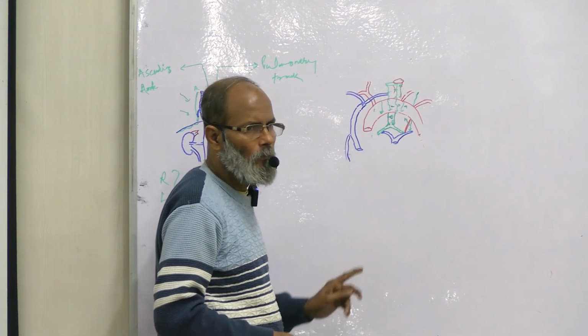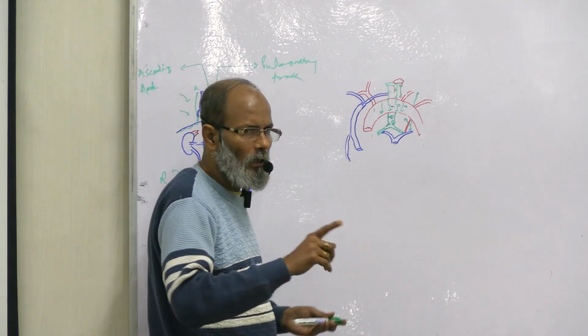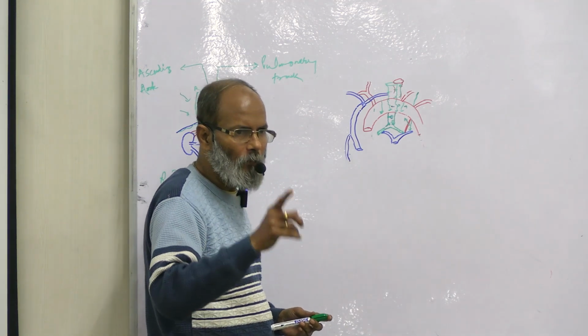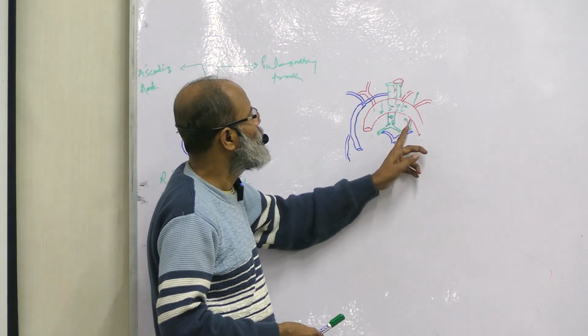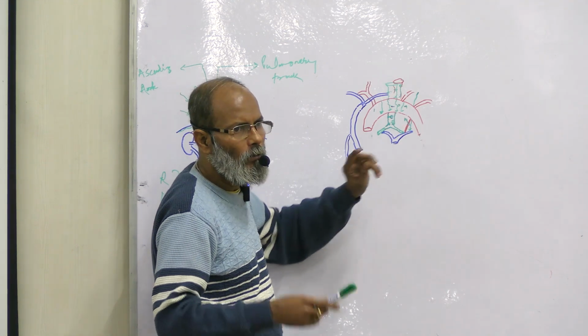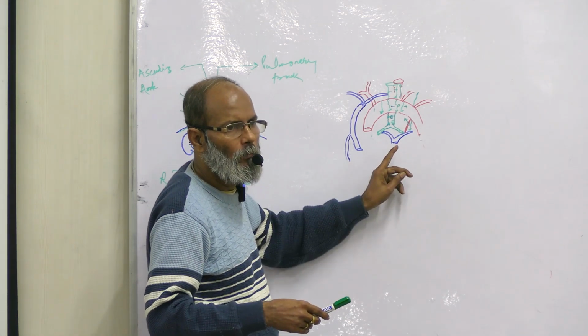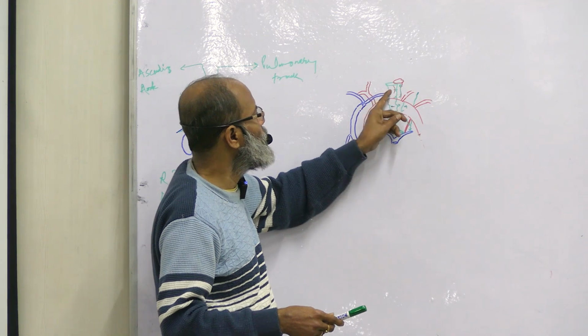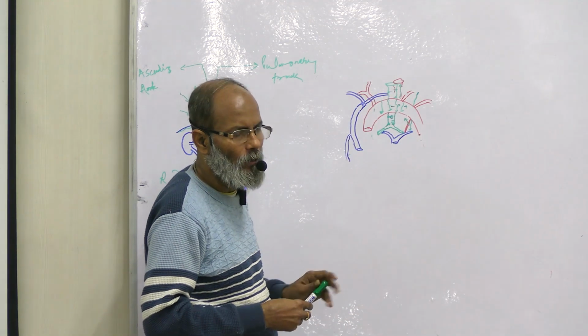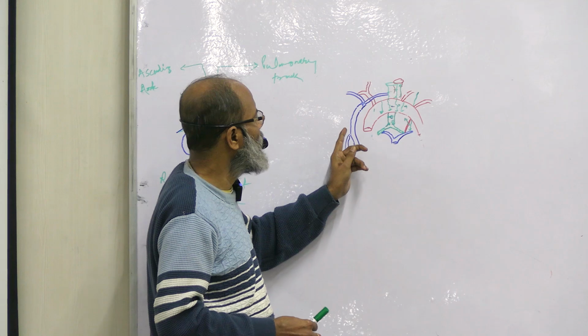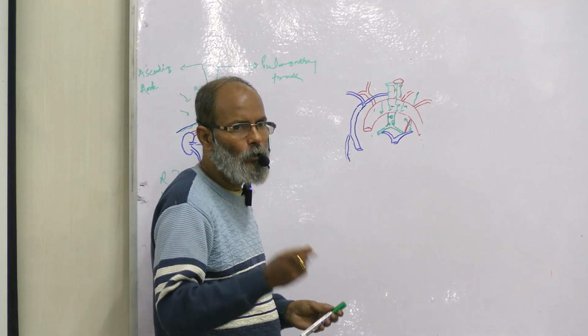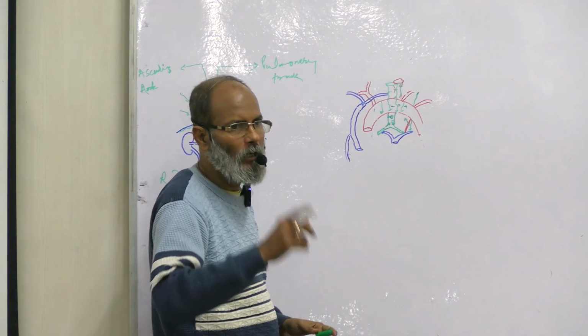And remember, on the left side, the left recurrent laryngeal nerve hooks the ligamentum arteriosum and comes in the groove between the trachea and esophagus. And on the right side, it hooks the right subclavian artery.